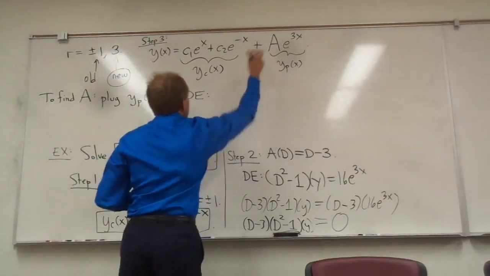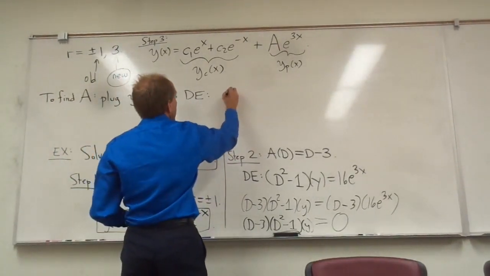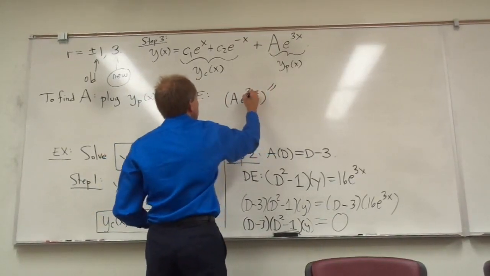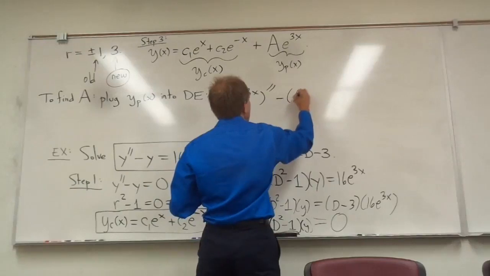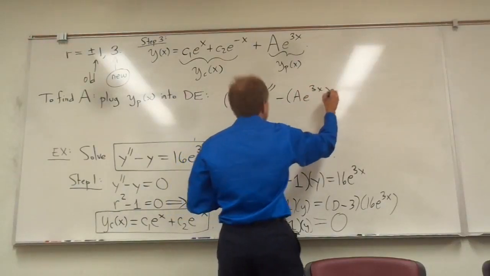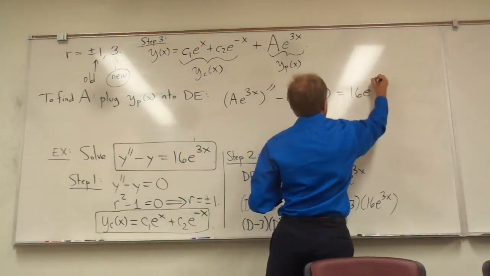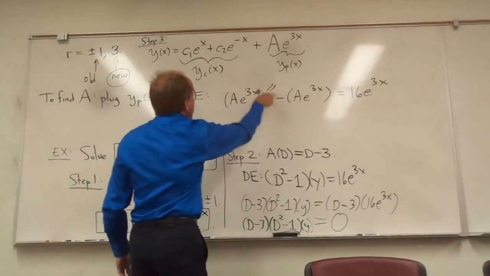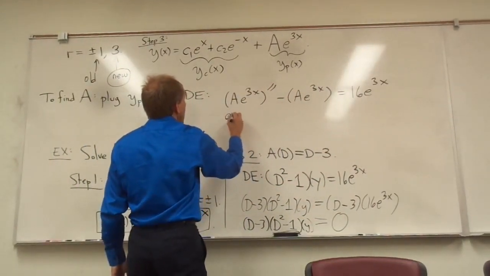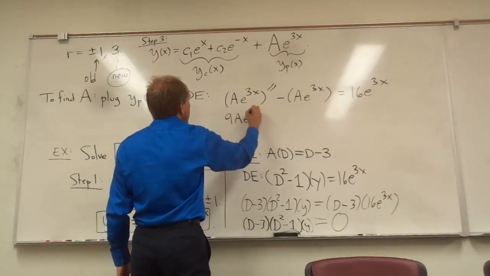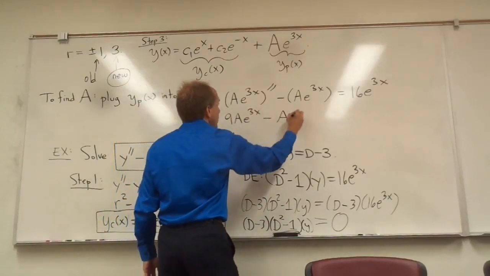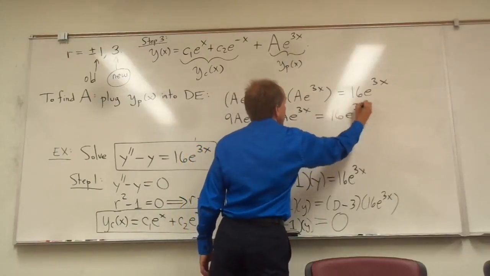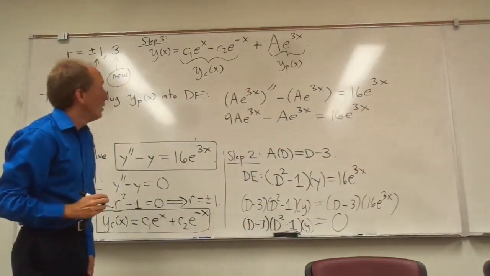I'm going to take two derivatives of that. So we're going to have A e to the 3x, double prime, minus A e to the 3x, equals 16 e to the 3x. If we take two derivatives here, we're going to get 9A e to the 3x minus A e to the 3x equals 16 e to the 3x.